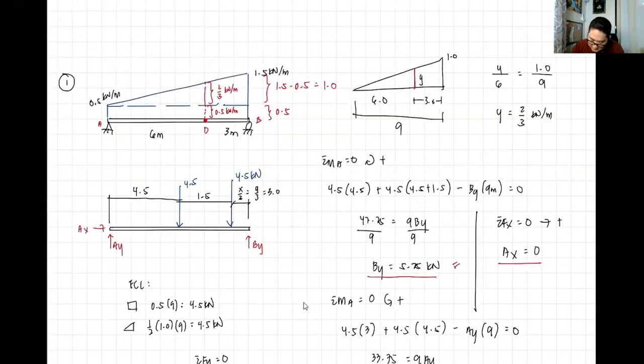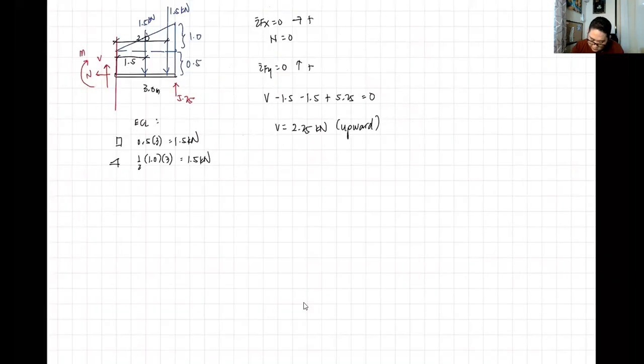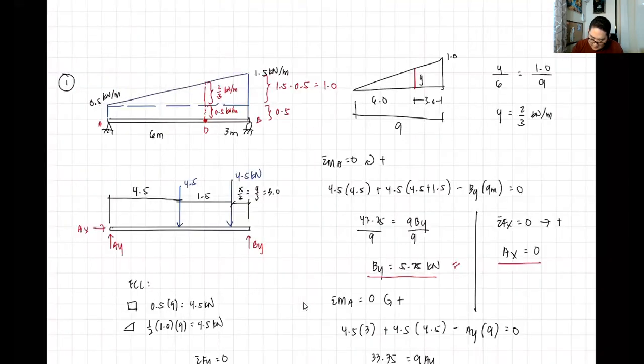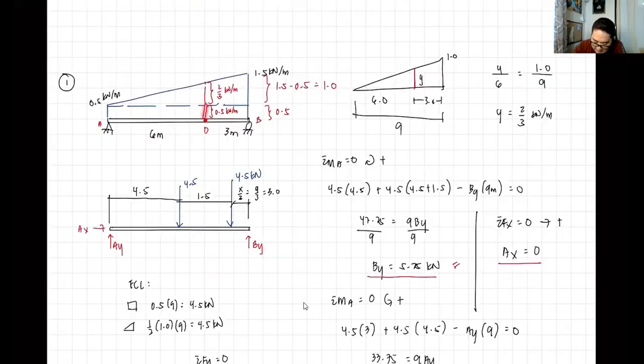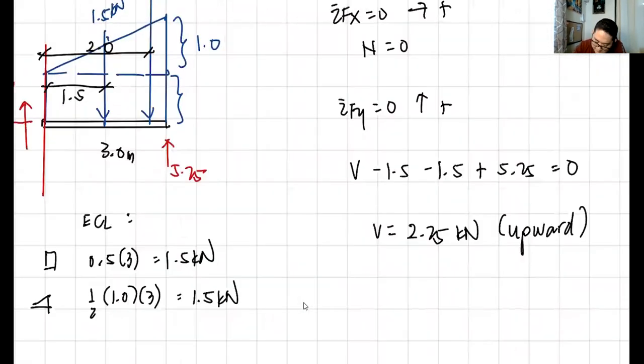So where is our mistake? By, 5.25. Okay. Now I know my mistake. This should not be 0.5, no? Because this is the trapezoidal load with our cut here. So this should be the sum of 0.5 plus 2/3.